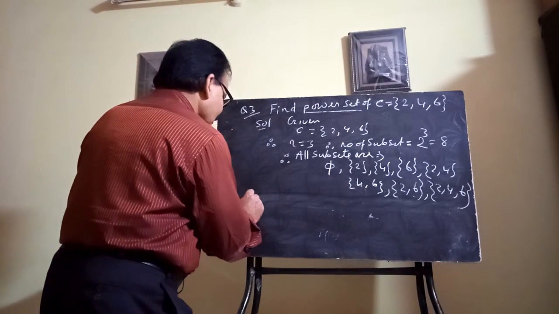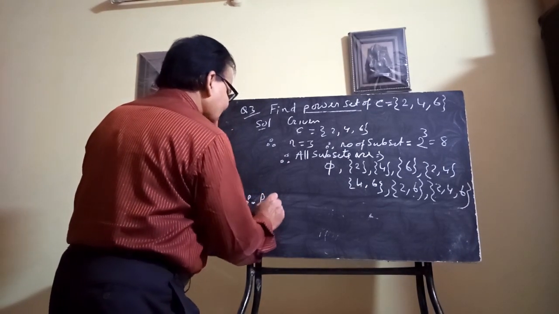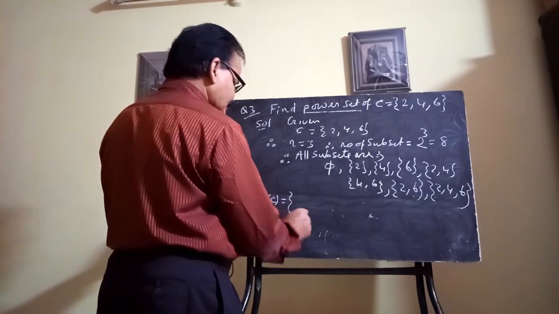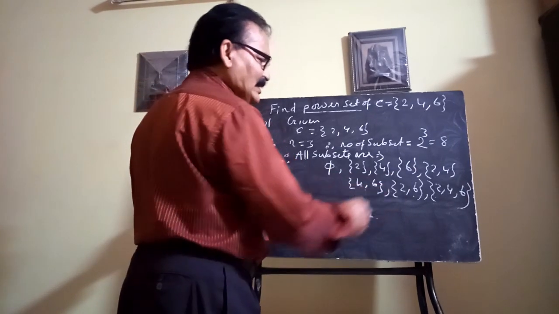So therefore the power set of C is the set of all the subsets.